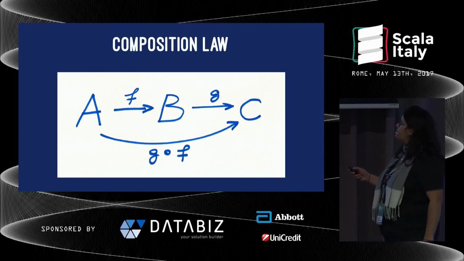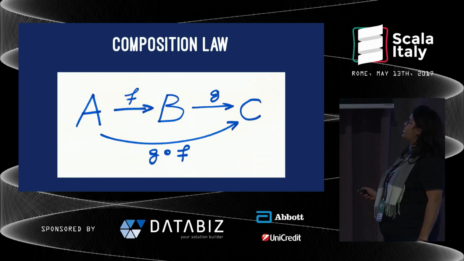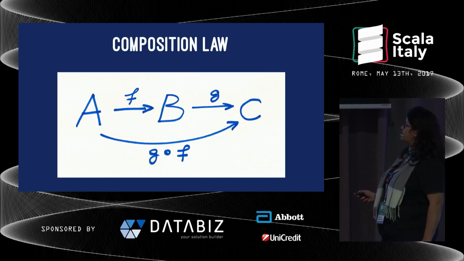So if you have an F that connects an A and a B, and if you have a G that connects a B and a C, then you know that there is the equivalent arrow that is the result of the composition between F and G. Little detail about this little O: mathematicians are weird.